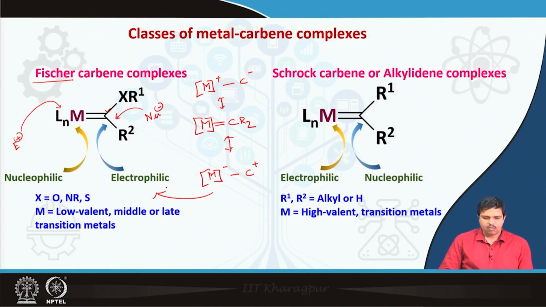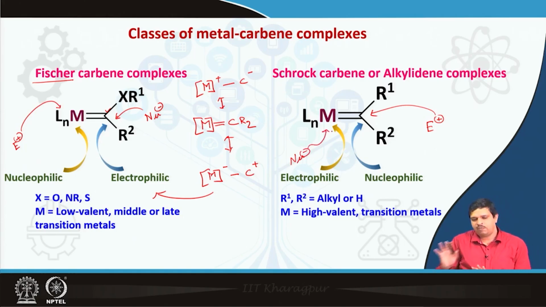Now the other scenario is the opposite, where the metal center is electrophilic in nature and the carbon of the carbene is nucleophilic in nature. That means electrophilic attack can happen on the carbon and nucleophilic attack can happen on the metal center.